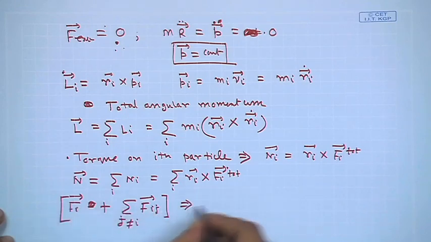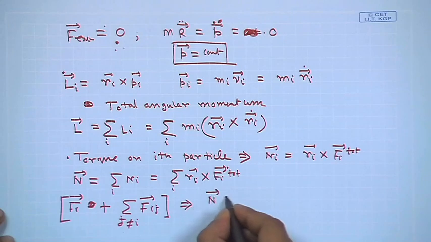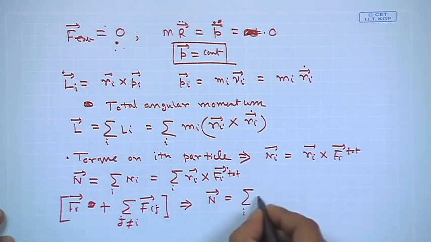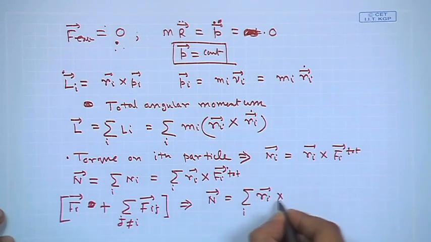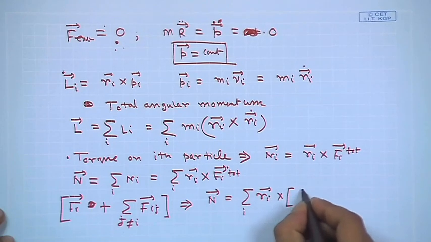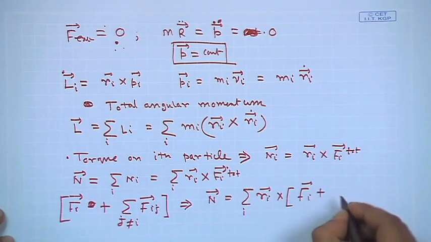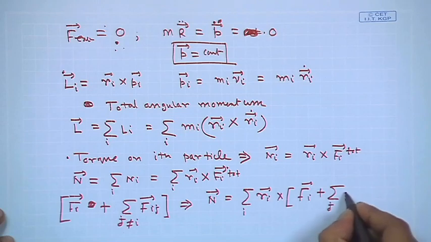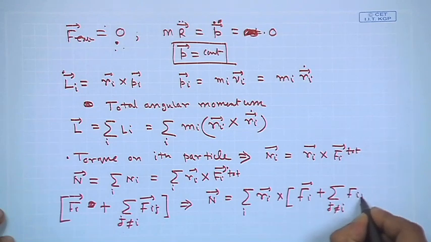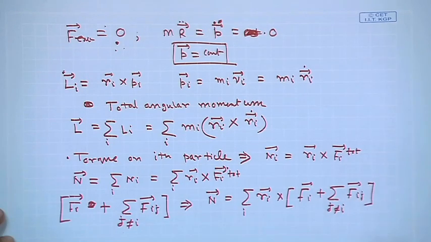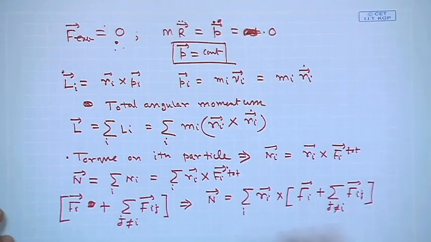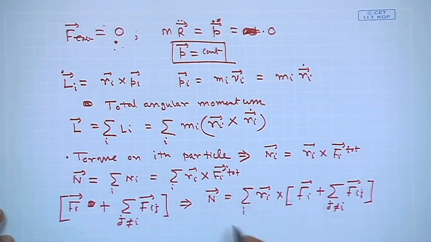If we now try to estimate the total torque, it will be given by the sum over i of r_i cross (F_i plus the sum over j not equal to i of F_ij). Now, if we compute this, the sum will go in.